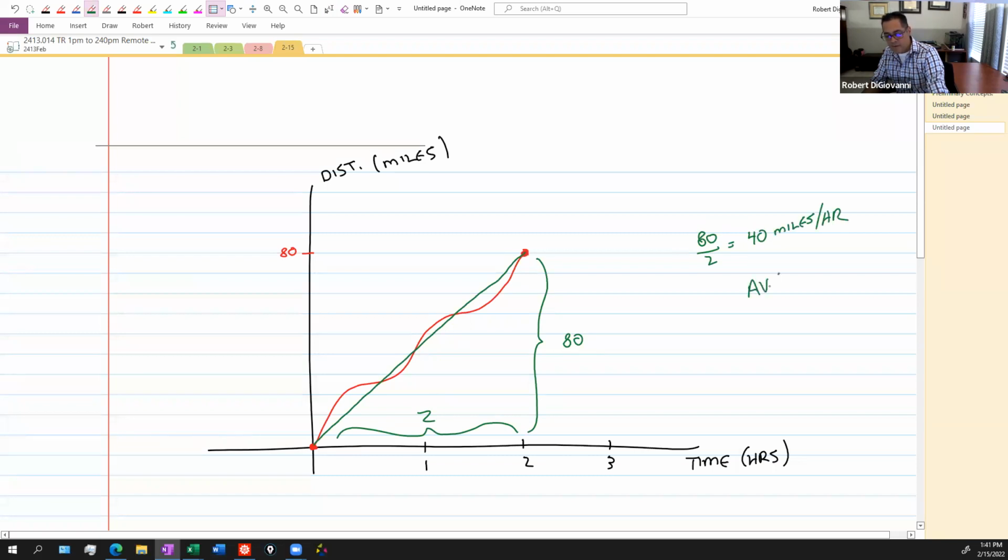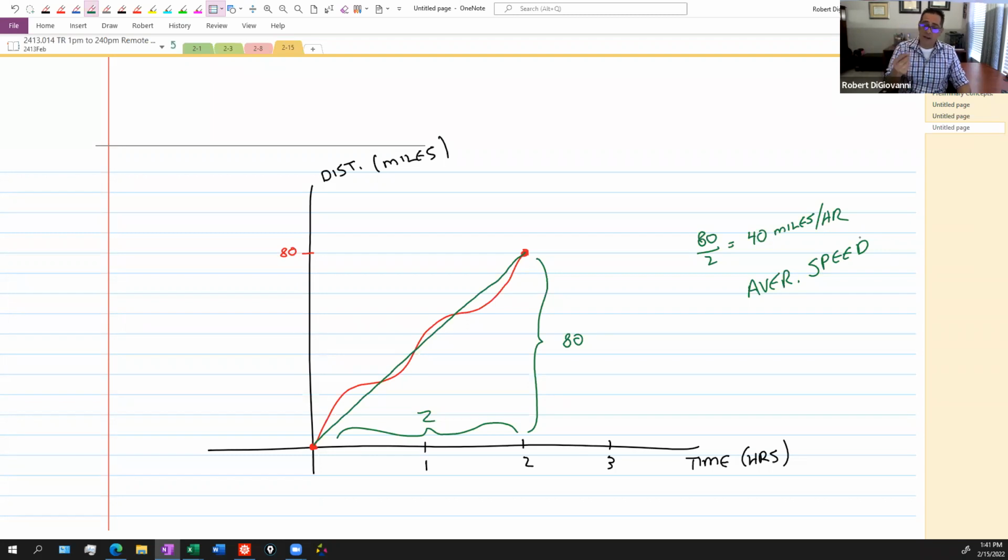This is your average speed on the trip, but that's not telling you what's happening when you're passing a mile marker, let's say. You look down at your speedometer and you see your speed. That speed is what we call an instantaneous speed. It's the speed you're traveling at that moment in time.